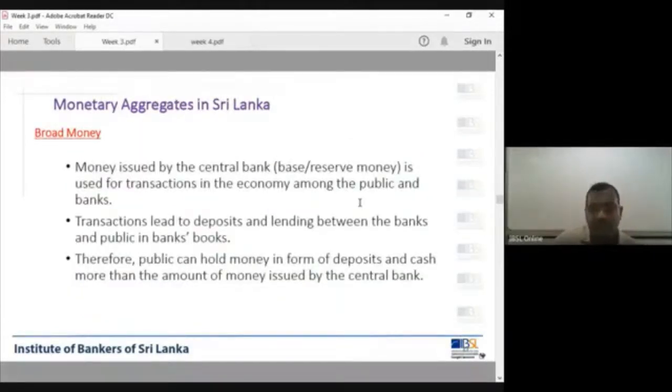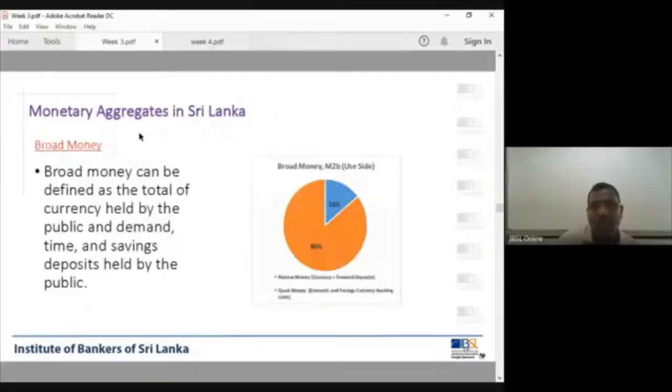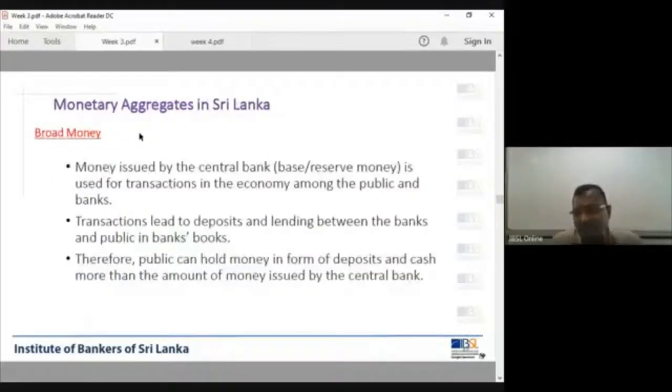Okay, that is M1. Then we move to M2. In Sri Lanka, we have two versions of M2. First M2 and the other one is M2B. Both are very same, but only one difference. We'll see. So M1 is narrow money. Broad money means M2. Broad money is the total money available in the economy for transactions.